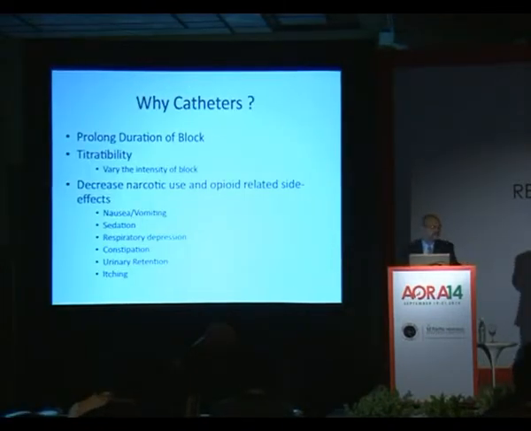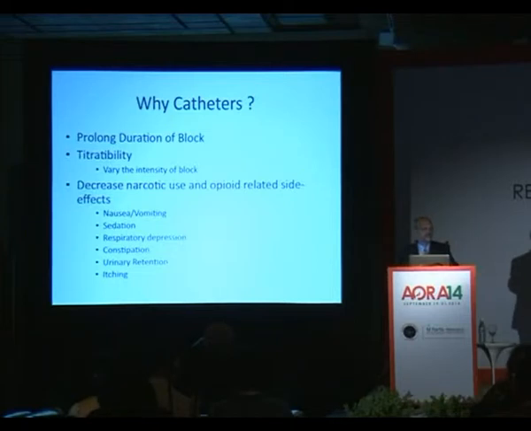So why use catheters? The obvious reason is to prolong the duration of the block. You also have the ability to titrate the intensity of the block, so that when patients are scheduled for physical therapy, you can decrease the intensity of the block so patients have more functional ability. And at night, you can intensify the block so that they can have a good night's sleep with good analgesia.